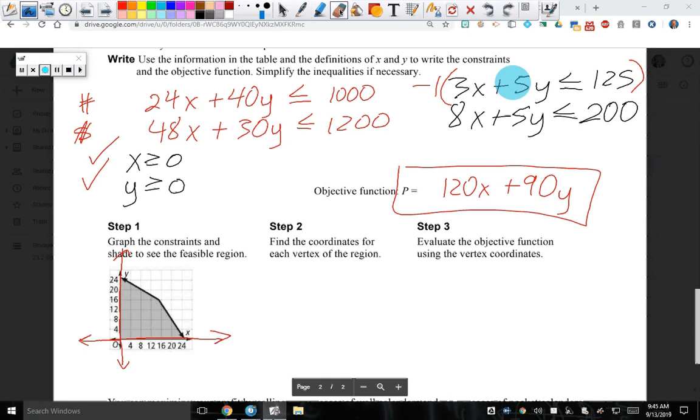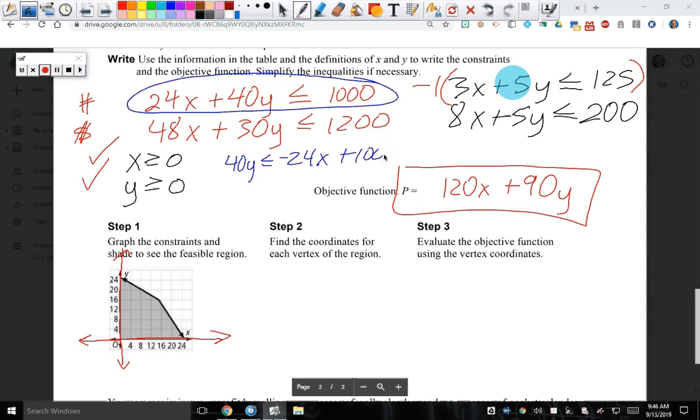Okay, so let's get this one all by itself as far as y is equal to. If I were to subtract the 24, I get something that looks like this. And then if I were to divide everything by 40, I would get y is less than or equal to, let's go ahead and do, what's negative 24?